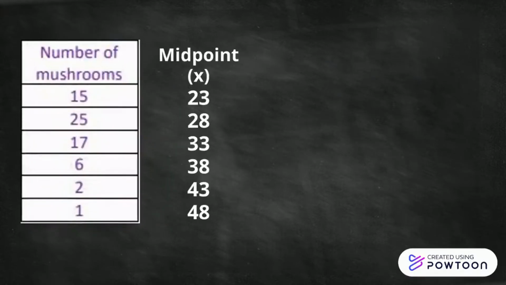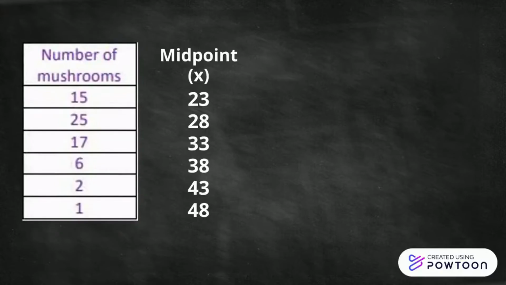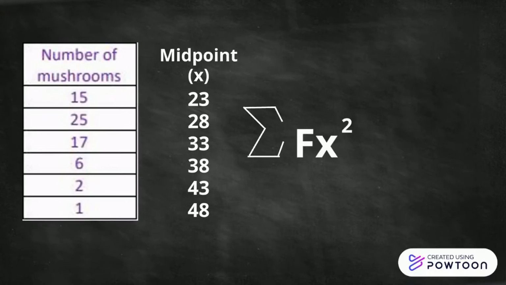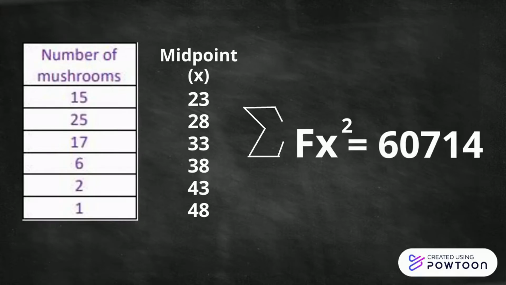We have to do the same as previous calculation to find fx, but change the x into x squared. Then, we will get the sum of fx squared, which is 60,714.